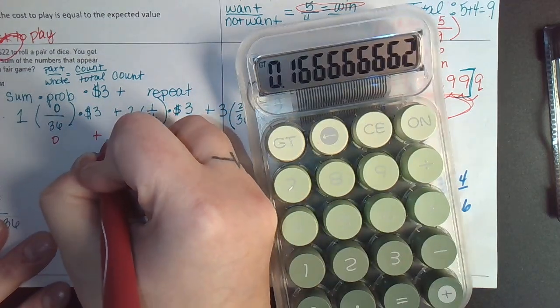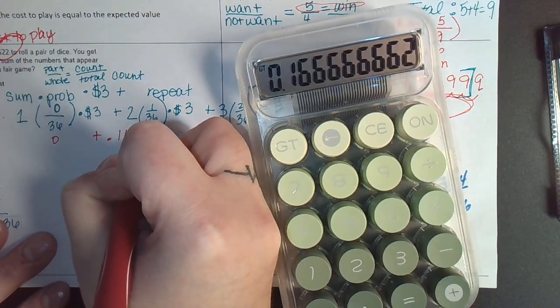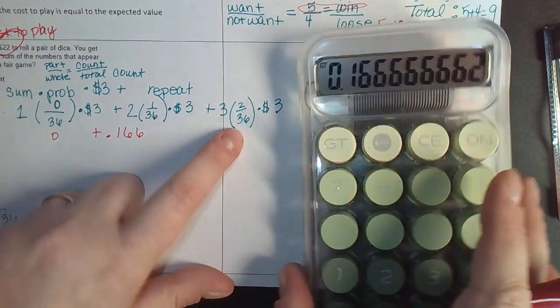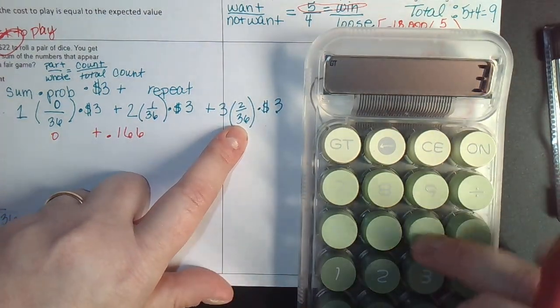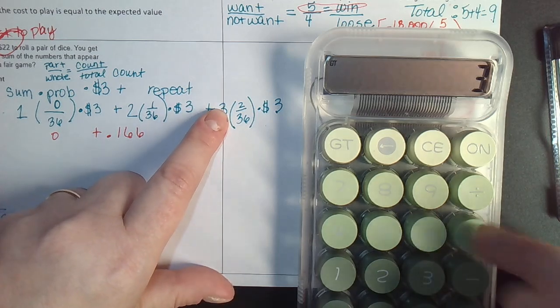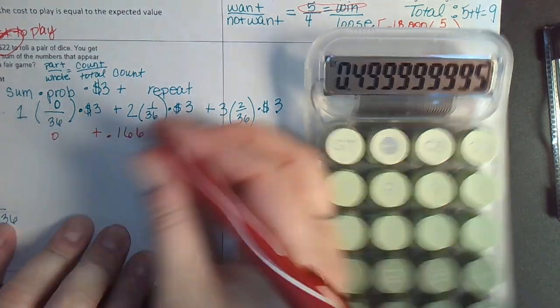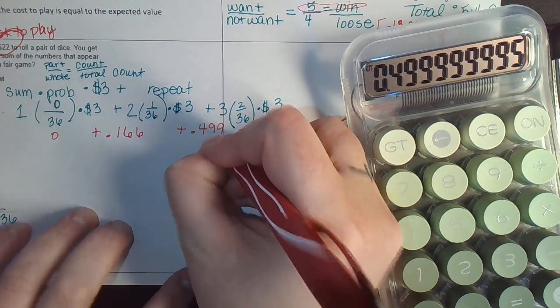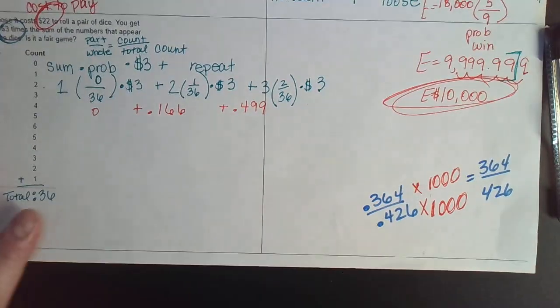This makes 0.166. Yeah. And then we're going to keep going. 2 divided by 36, then times the 3 in the front and the 3 at the back. So we have plus 499.